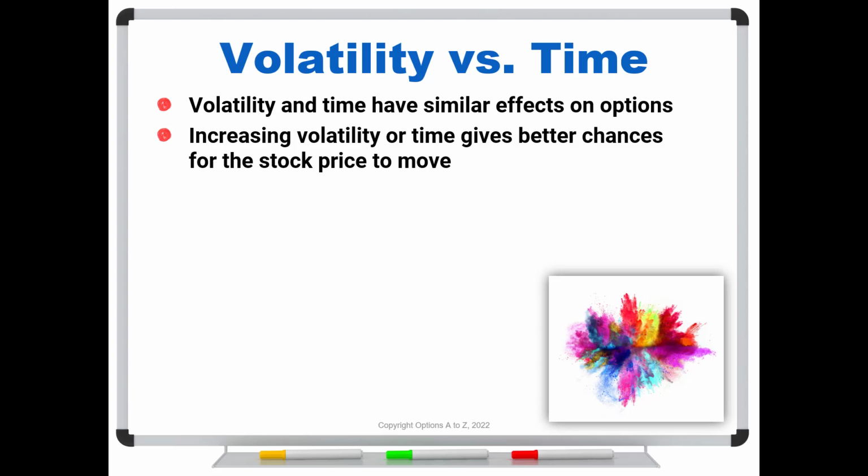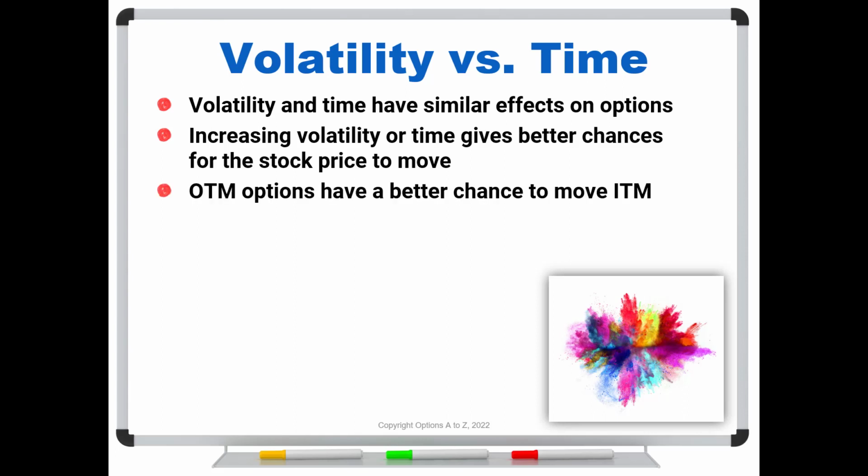There are two different ways of saying that the stock price now has a better chance of pushing that option in the money. And so what that can mean, for instance, is that your out-of-the-money options have a better chance to move in the money. However, the flip side is also true. Your in-the-money options have a better chance to fall out of the money.